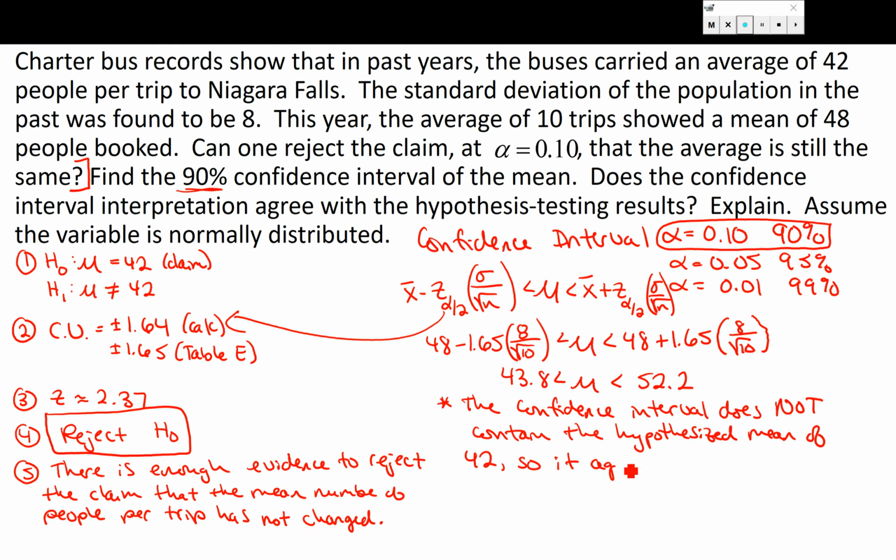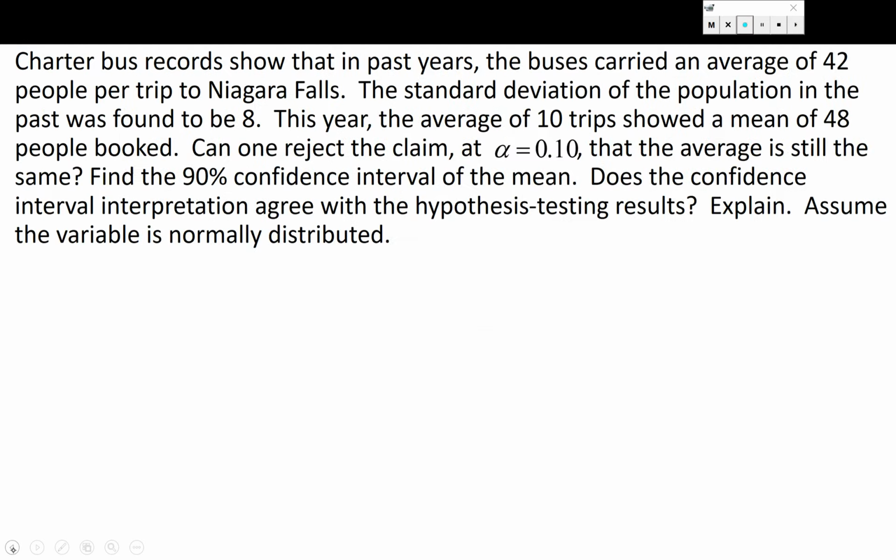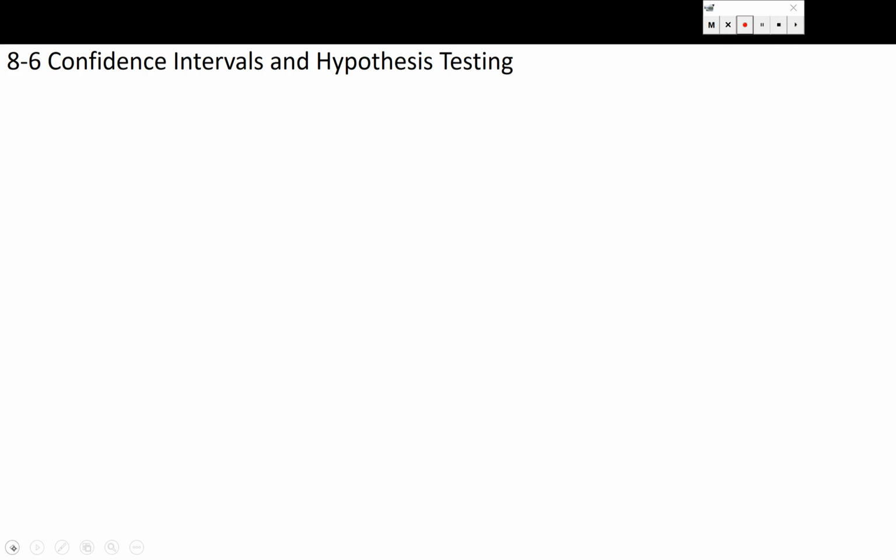So it agrees with the hypothesis test result to reject the null hypothesis. It's got a mind of its own, guys. Sorry, it skipped way ahead.